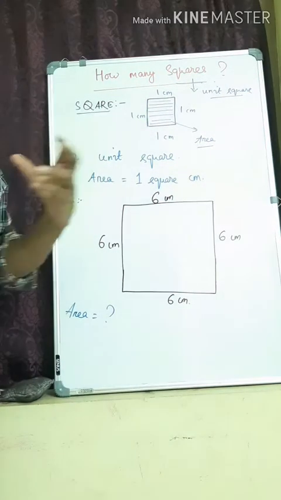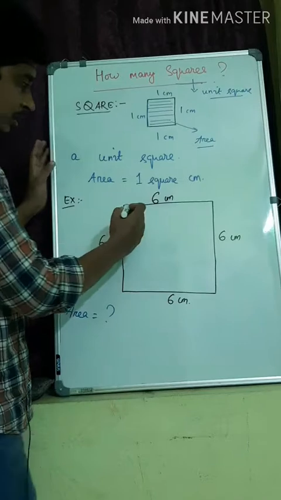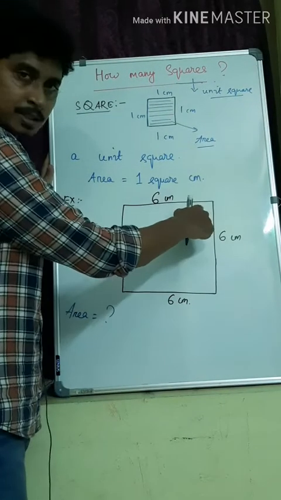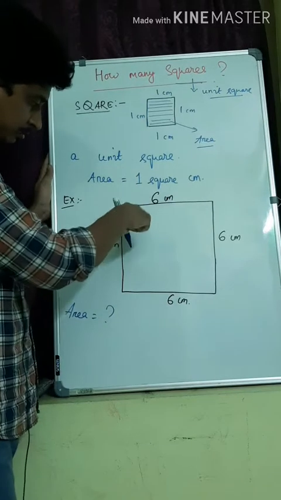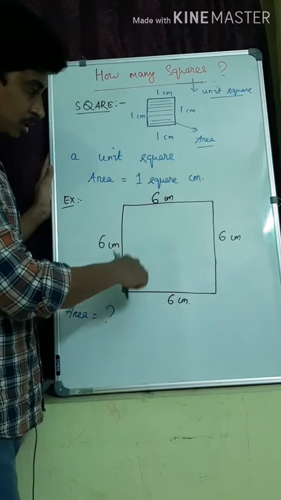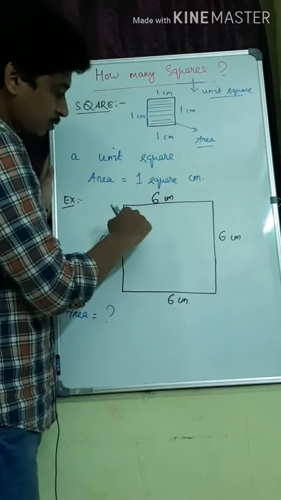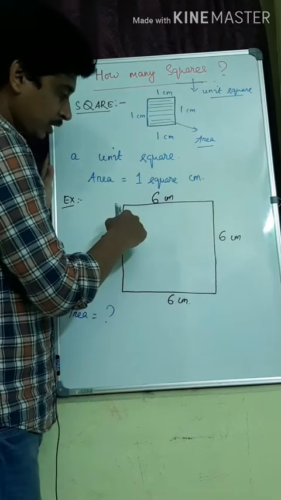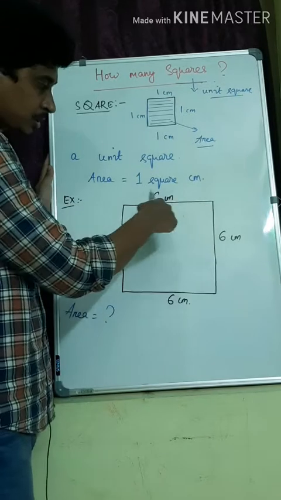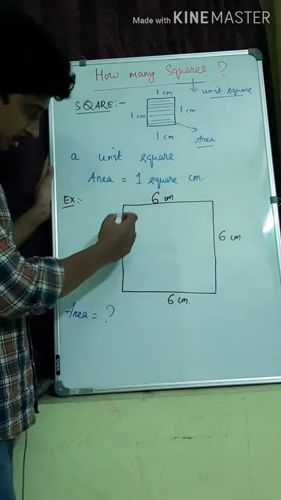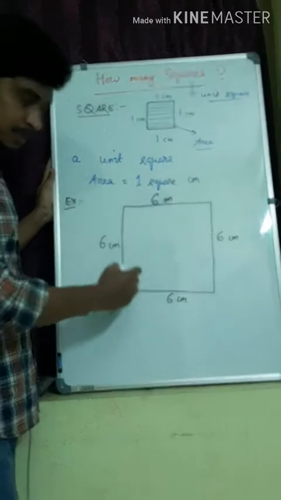Here the length of this side is 6 centimeter and the length of this side is 6 centimeter. So here we can arrange 6 small squares, 1, 2, 3, 4, 5, 6 in the first row because it is 6 centimeter. And how many rows can be arranged? Again it is 6 centimeters. So there are 6 rows.